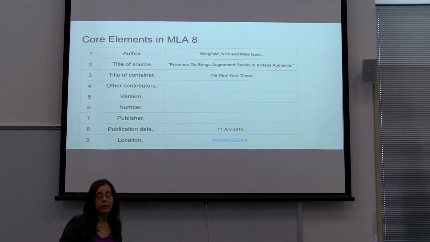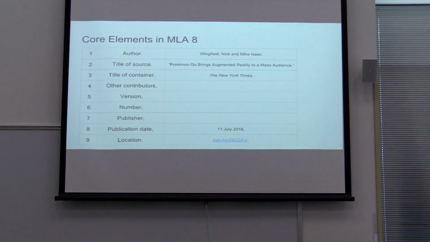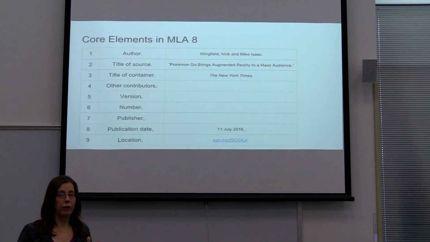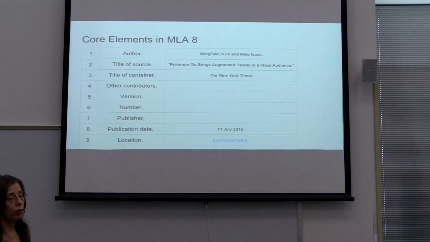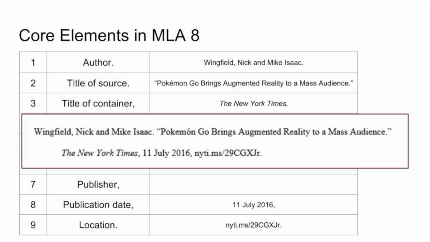But MLA does not want you to include that HTTPS or http://. They cut it off and they just start with what comes after that. So that's what you would cite in your MLA8 citation. And so that's what that finished citation would look like after building it in the worksheet.